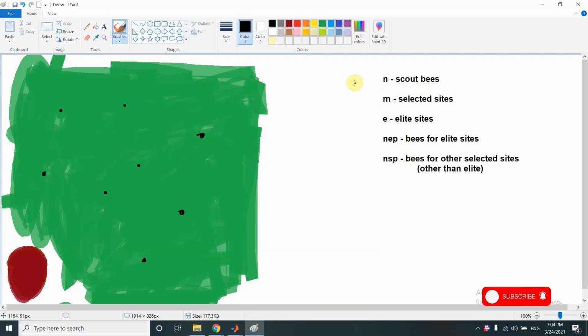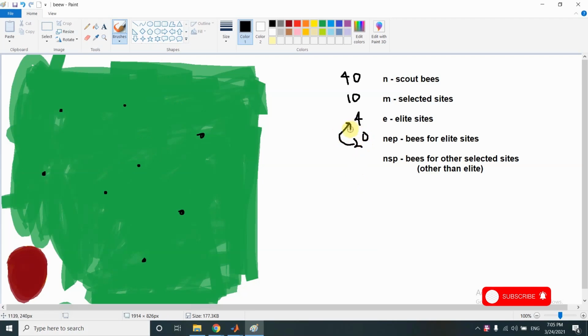Let's say that a total of 40 scout bees are sent. Out of those, 10 best sites are selected. And of those 10 sites, let's say that 4 elite sites are selected. Now let's say that 20 bees are sent to the elite sites.